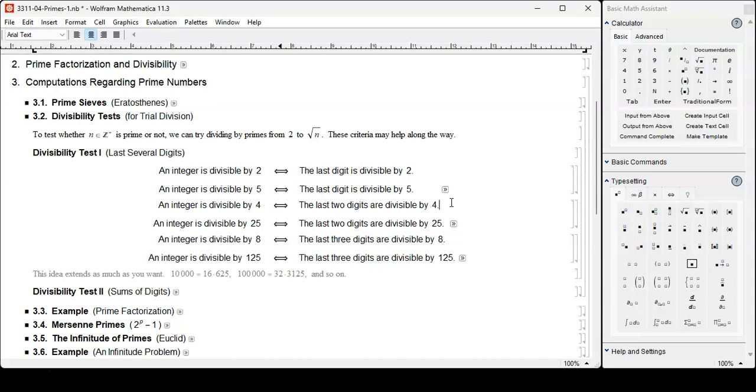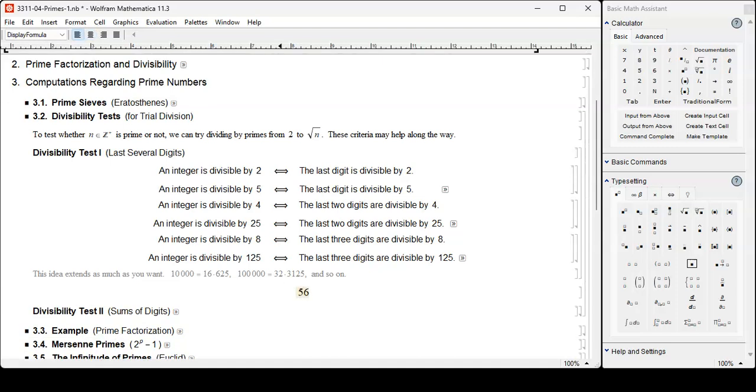And then the next one, some people may know, some people may not. An integer is divisible by 4 if and only if the last 2 digits are divisible by 4. For example, if you have something like 5678, I just made it up. Whether this is divisible by 4 or not, I don't have to worry about all these.